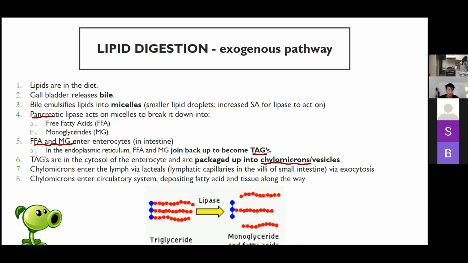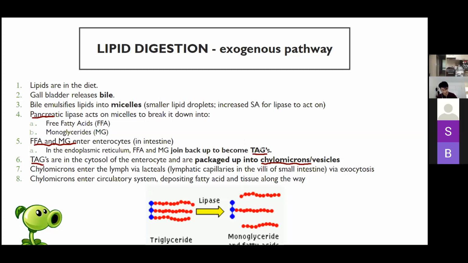It's important that the TAGs are packaged into chylomicrons because they can't travel in the bloodstream by themselves. They're hydrophobic, so they're scared of water.